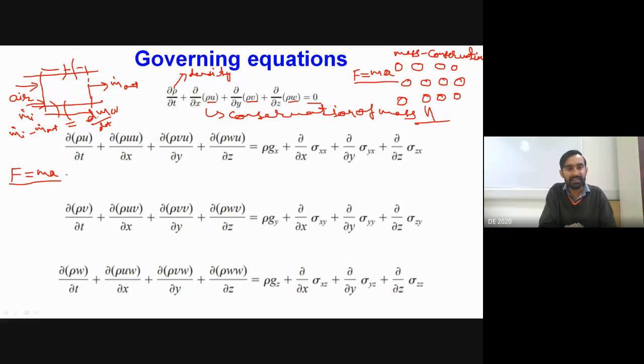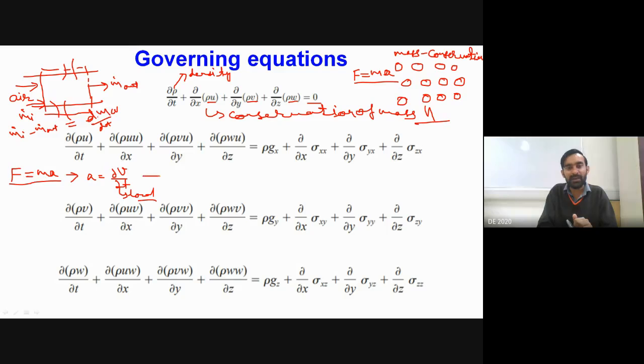In case of fluid medium, we actually have two types of acceleration. One will be del v by del t. This particular acceleration is known as local acceleration. It represents how our velocity field is changing with time at any fixed location.